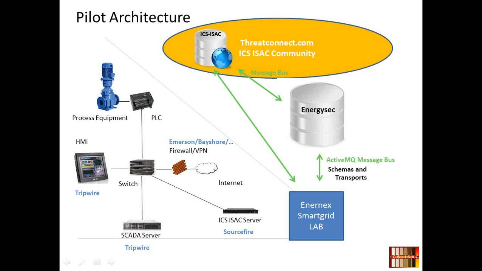Michael Assante is an internationally recognized expert and thought leader in information and cybersecurity. He recently held the position of Vice President and Chief Security Officer at NERC, the North American Electric Reliability Corporation, and oversaw the implementation of cybersecurity standards across the North American electric power industry.